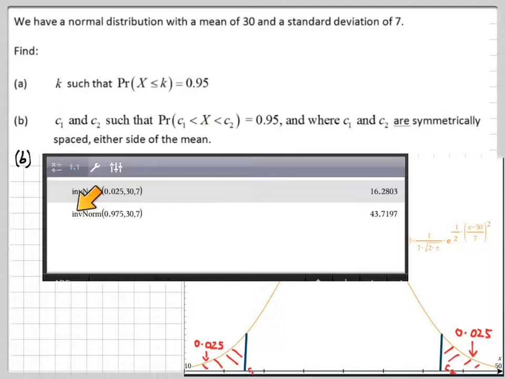And in this one I've gone for the 0.975 one, with the same mean and the same standard deviation, and what did I get? 43.7. Okay, so that is C1, that is C2 for me and you, okay? How's that? Yep, that's from minus infinity to 0.025 and I get that. That one there's from minus infinity to 0.975 and I get that.